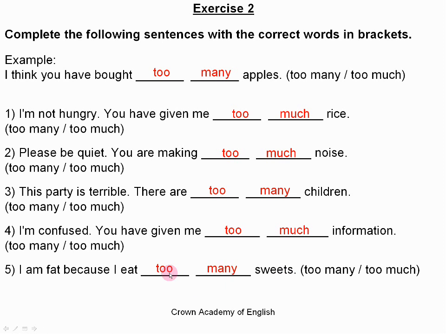So we must write too many. Okay? So you can see in all of these questions, it is very important to know if a noun is countable or uncountable. So it is very important to know the difference between countable nouns and uncountable nouns.